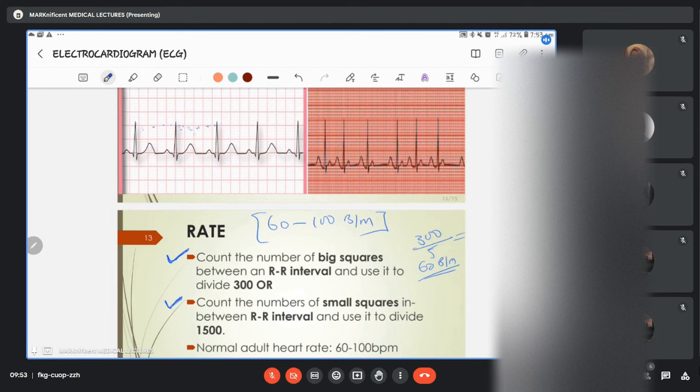And I would advise you to go with the big squares and then divide 300 by the big squares. So we do 300 divided by 5, which is 5 big boxes. Just for you to remember, these are the big boxes here.